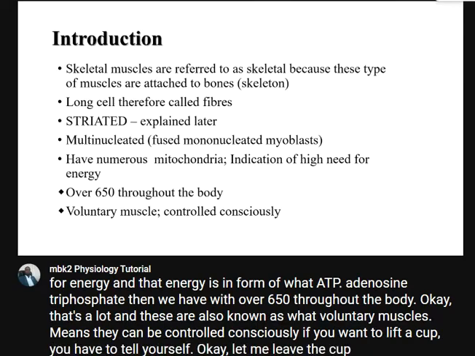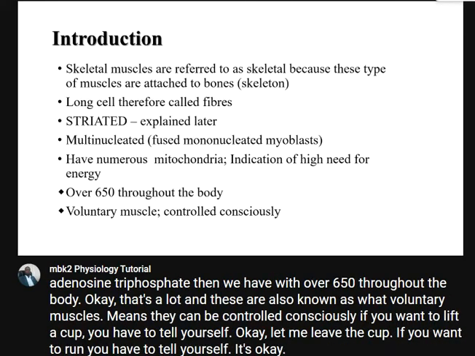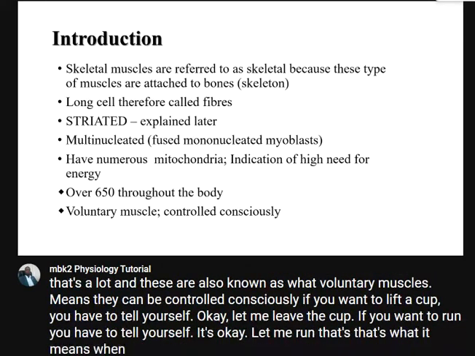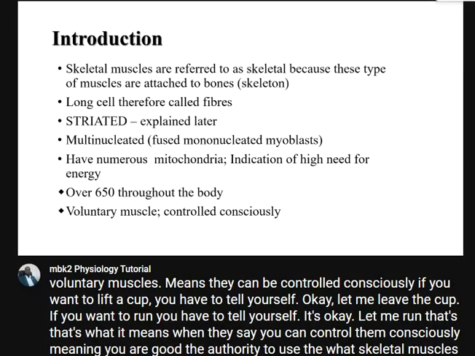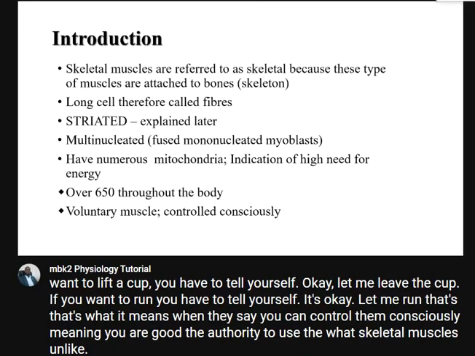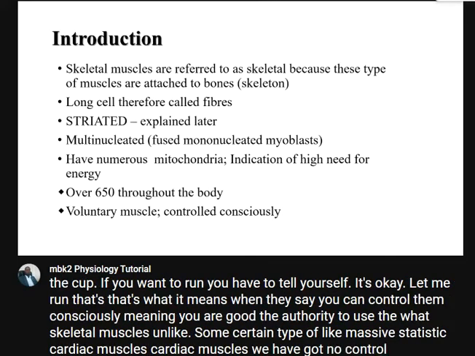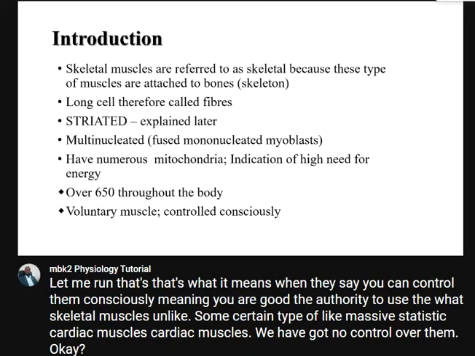If you want to run, you have to tell yourself, okay, let me run. That's what it means when they say you can control them consciously, meaning you have the authority to use the skeletal muscles. Unlike certain types of muscles, such as the cardiac muscles, we have no control over them. No wonder they're known as involuntary muscles.